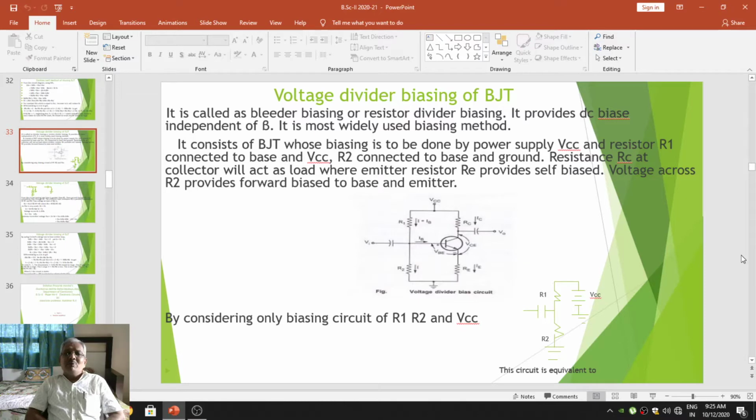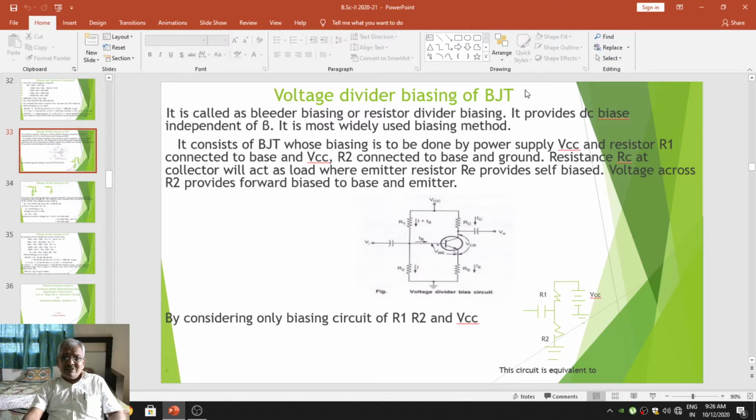Now we have to proceed to deal with a widely used method to bias the operating point of BJT exactly in the center of the load line when it is going to act as an amplifier. It is a versatile method, and that method is known as the voltage divider biasing method of BJT.